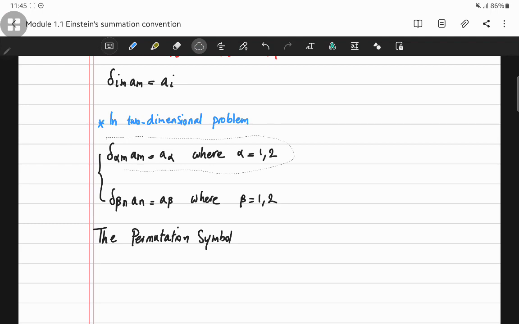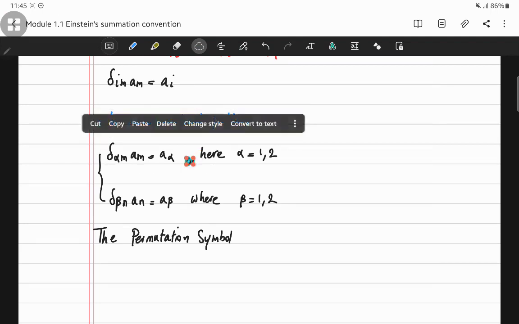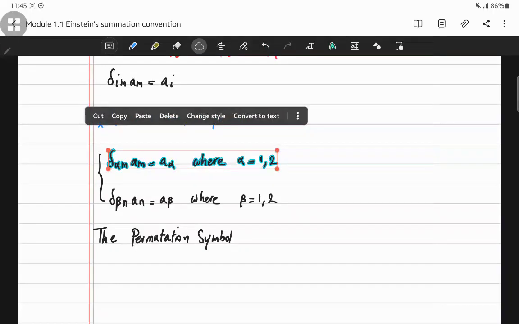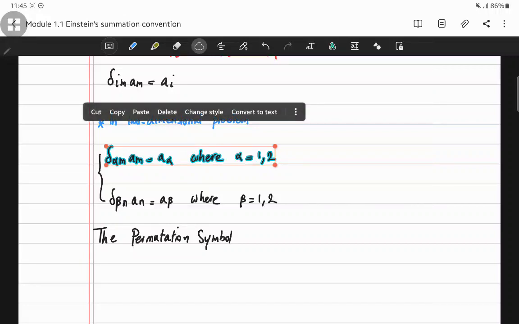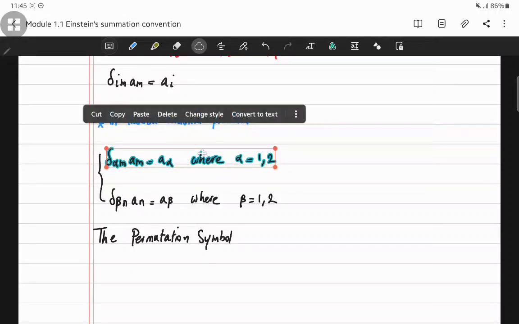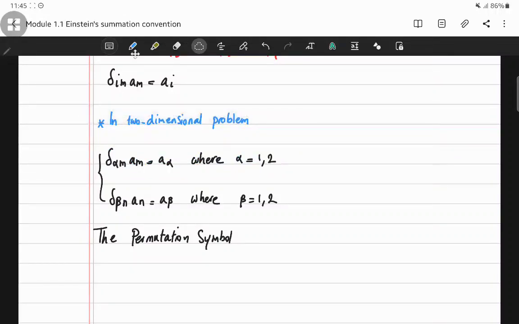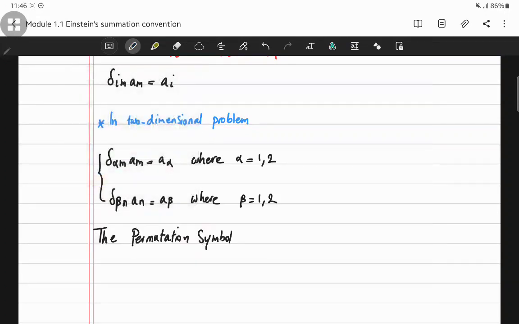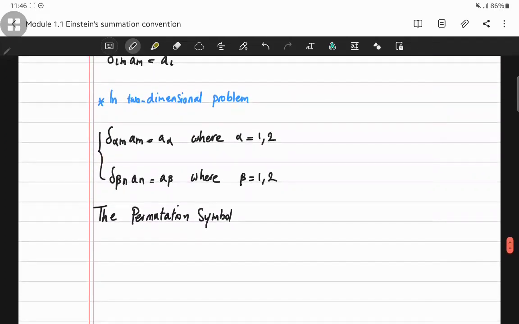So we actually use alpha and beta instead of i and j. I thought that maybe this is something you may come across, and it is quite important because you may get confused, so you have to know this.